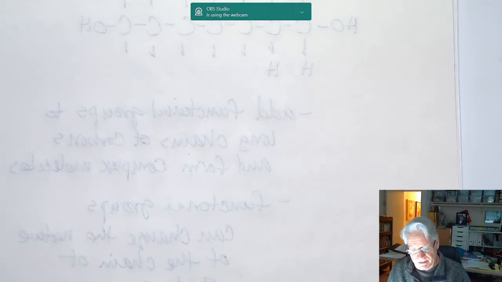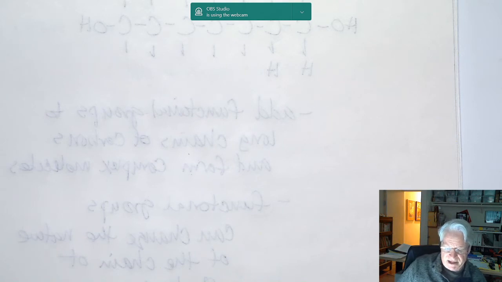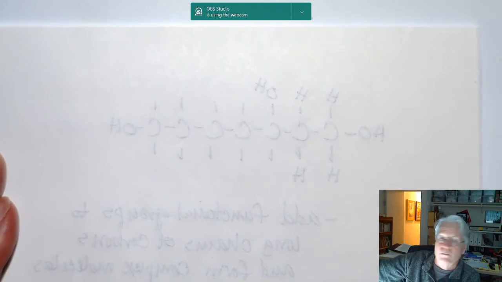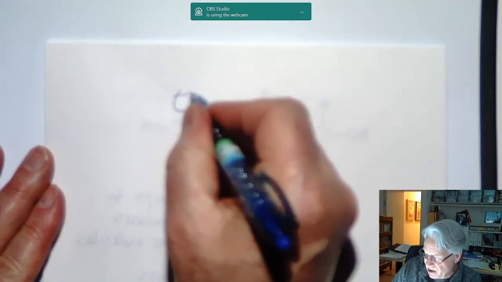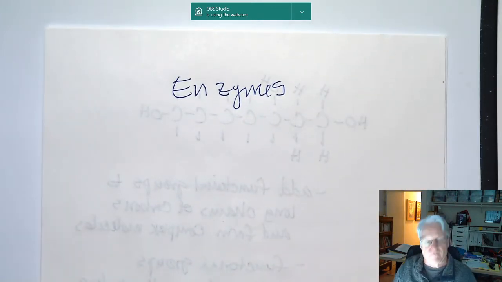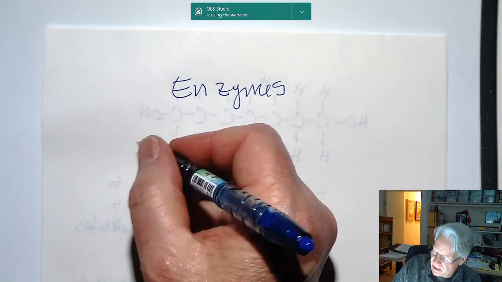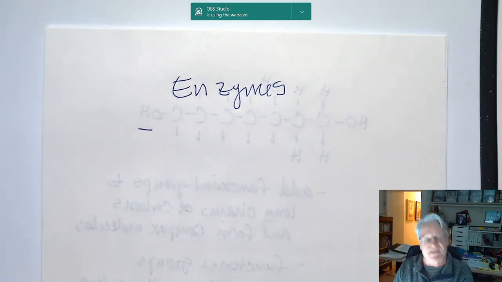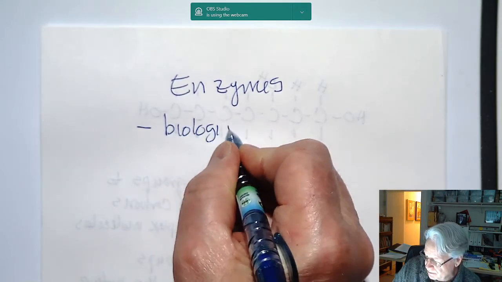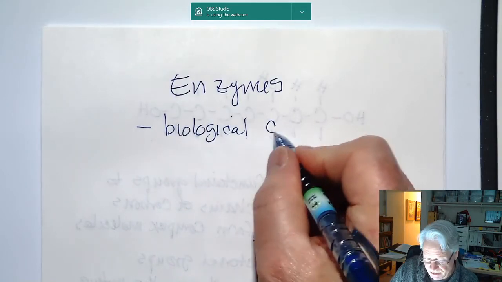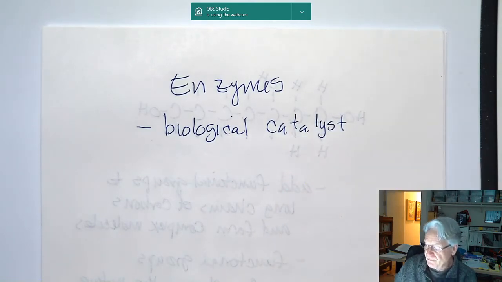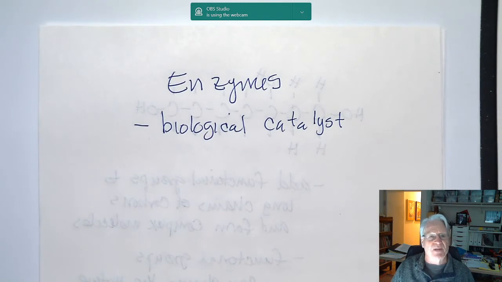Okay, let's move on and let's talk about enzymes. So enzymes. One term we can use to describe an enzyme is it's a biological catalyst. So that's two terms put together to describe what an enzyme is.